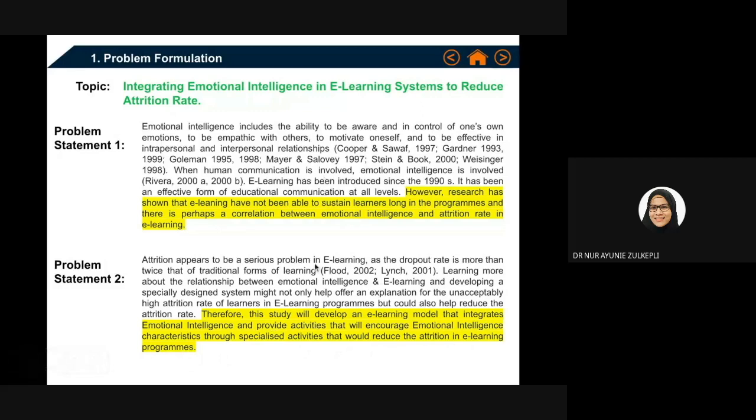So same topic, same scope, but different approach for constructing the problem statement. I give you these 2 types of different problem statement approach for you to compare, and you can practice it in your writing, right? So this is how actually you formulate the problem statement.